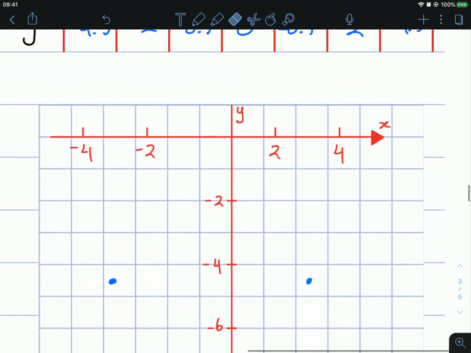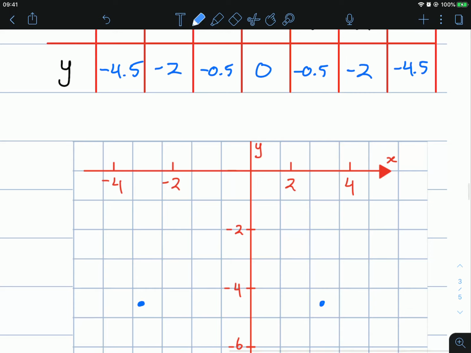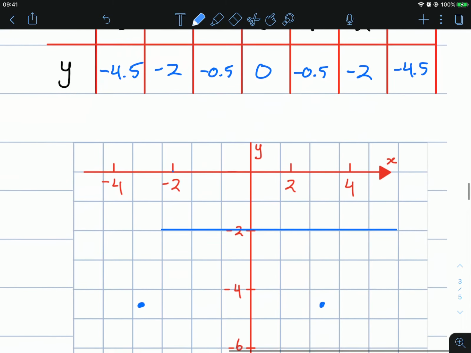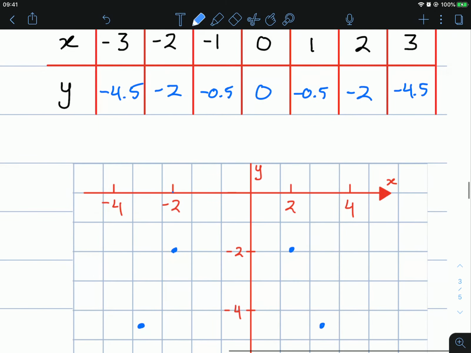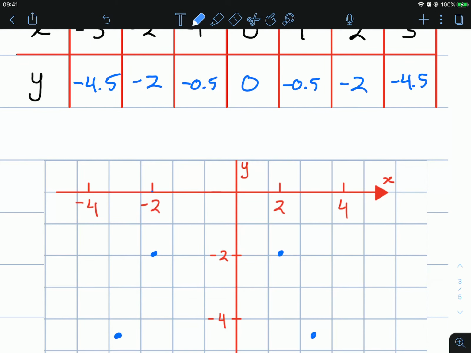There's both like this. -2. That's at 2. So like so. -1/2. 1 is here. Half would be here. And 0, 0.